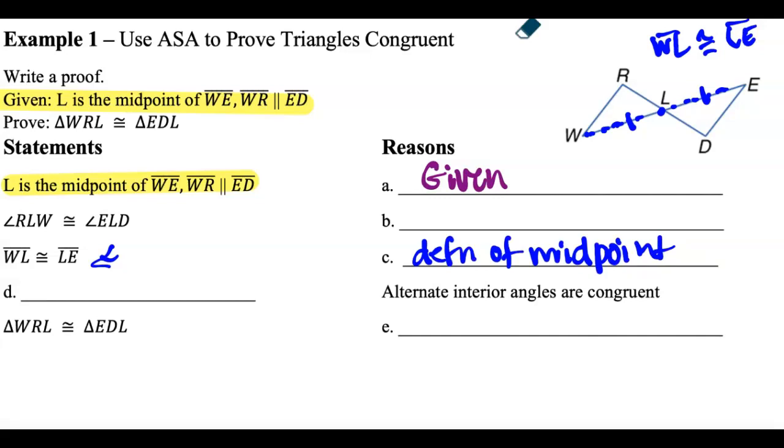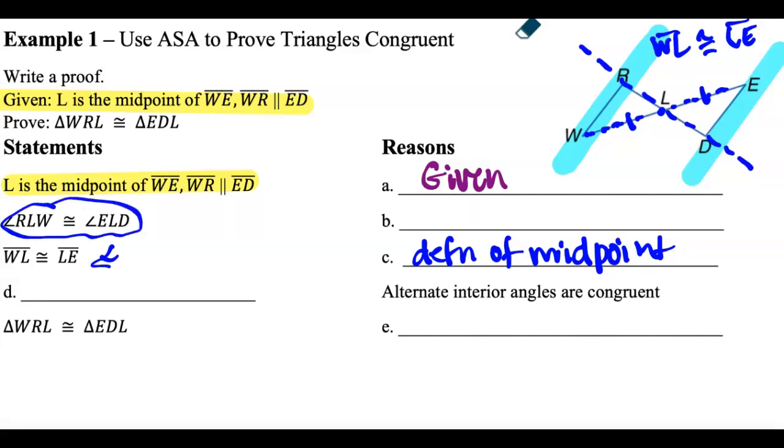It tells us that lines WR, that line segment right there, and ED, this line segment, are parallel. And like I mentioned in previous lessons, when that is true, we can look for angle relationships. So here's a transversal. Now let's see what this statement says here.